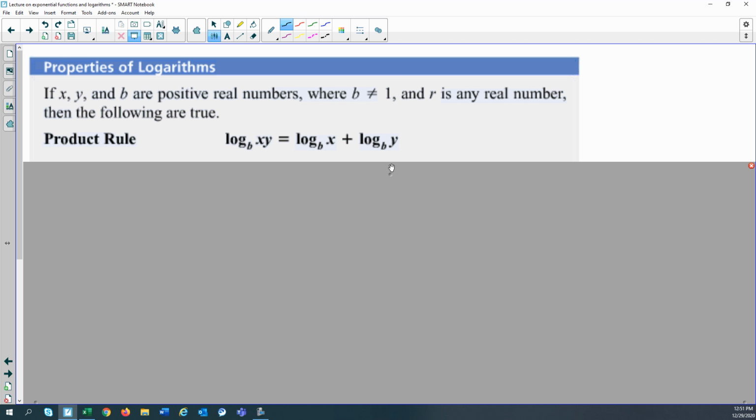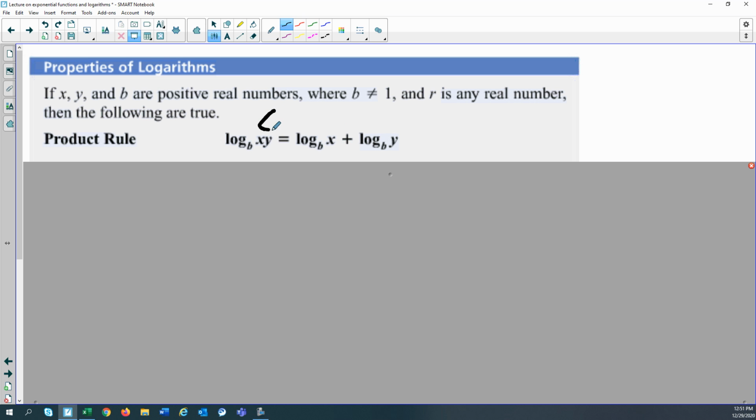So some key parts that you want to notice is the base. We either expand it or condense it, so you can go either direction on this. The bases need to be the same here. And then you're going to take the values x and y and multiply them together if you're working with adding two logarithms.